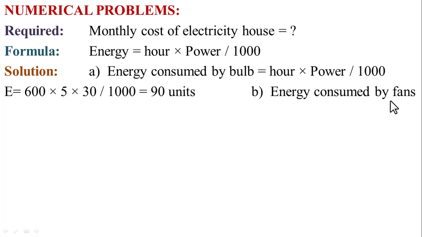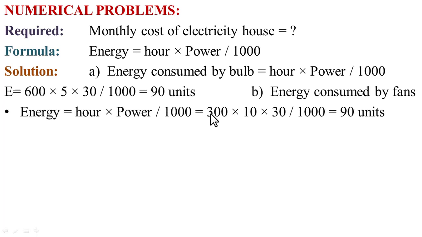Similarly, energy consumed by fan, E is equal to hours multiplied by power divided by 1000. That is equal to 300 multiplied by 10 multiplied by 30 days divided by 1000, that is equal to 90 units.